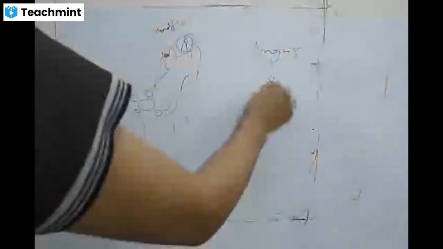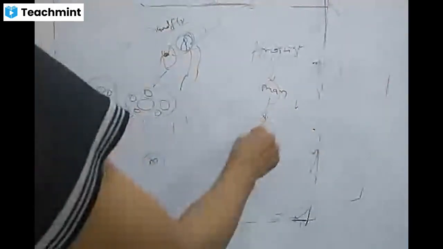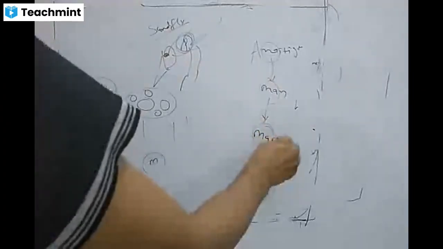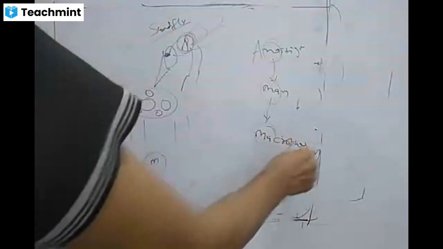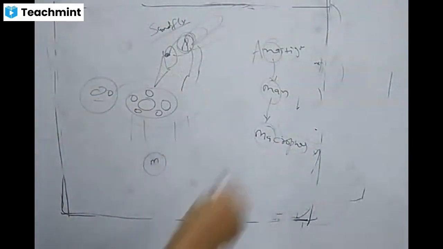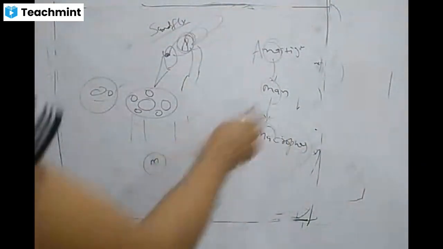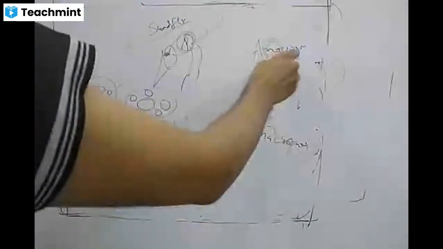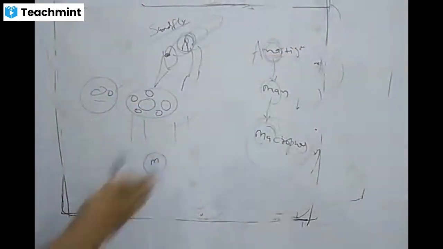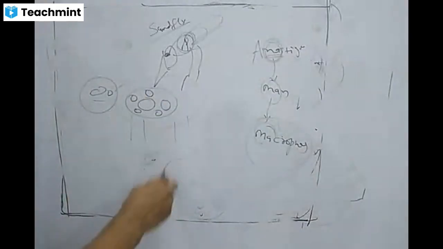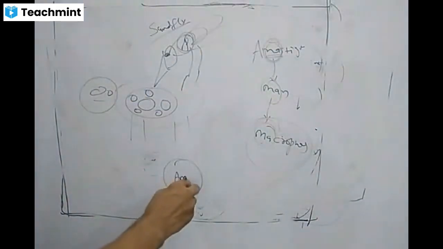If we further extend this MA, then that MA will give you macrophage. It means if you enter the body of man, inside you will find macrophage, and inside this macrophage the amastigote is present.